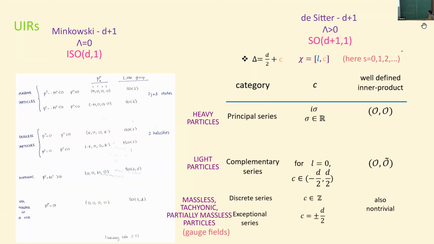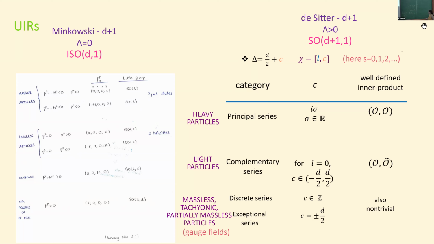To compare with massive particles on Minkowski, you look at the little groups, the group that preserves some momenta, which is the way you categorize these. Here you are categorizing them based on the ranges of what C can take on. For massive particles, you just have the rotation subgroup and finitely many states.